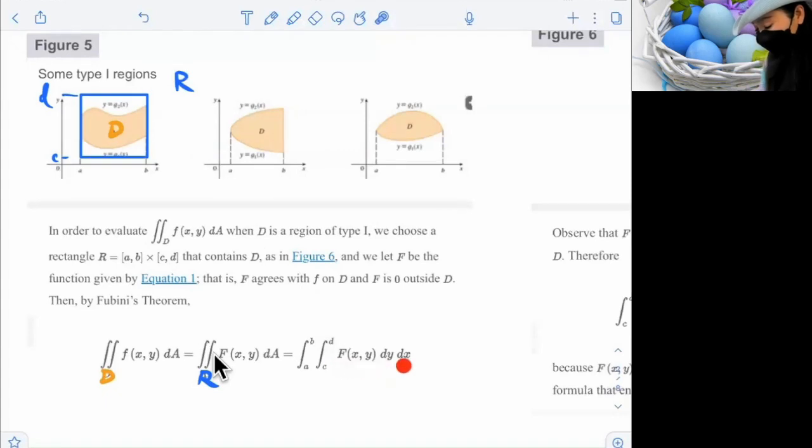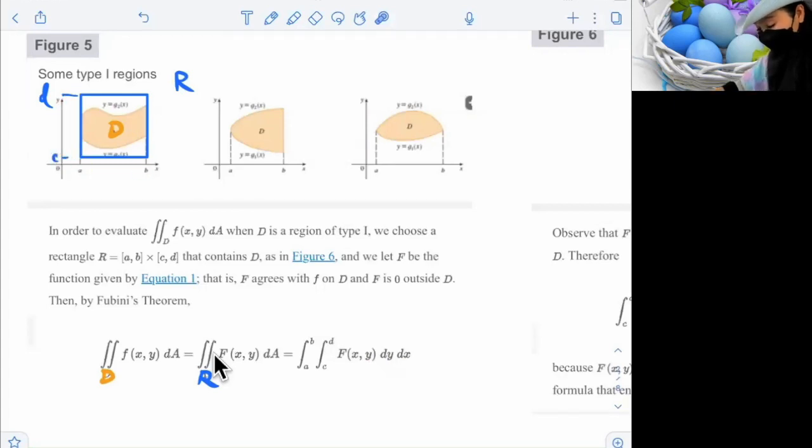Then this double integral of the big F function over this rectangular region is equal to the double integral of the small f function over this orange region D. These two are equal, because outside this orange region, the big F function value will be 0.